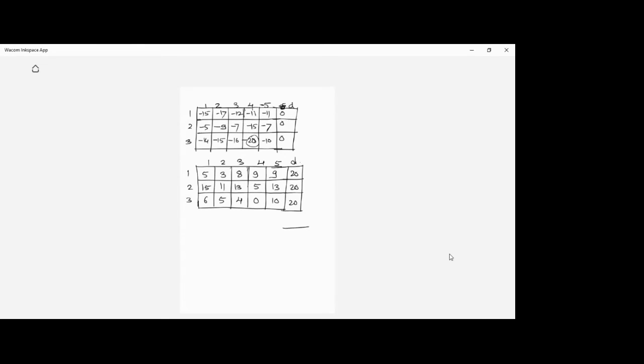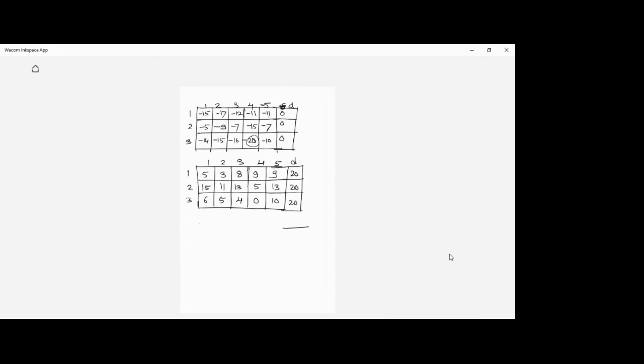Only at the last step, where we calculate the profit, will this addition of plus 20 come into consideration. Now we are going to find the initial basic feasible solution of this profit matrix.